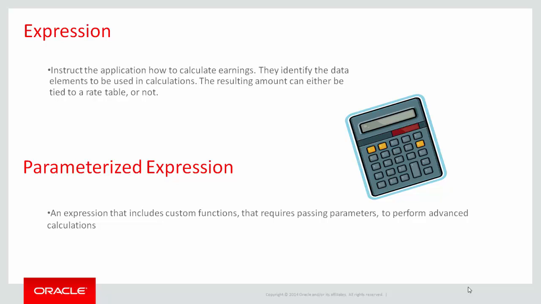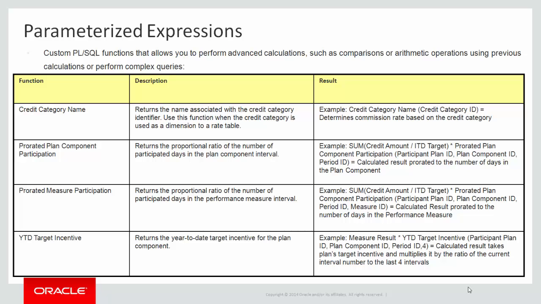An example of some of those parameterized expressions that come standard in the product include the list you see in front of you. Now, if you're curious, these are all well documented within the Incentive Compensation User Guide. But I did want to introduce the concept of parameterized functions and include it in the curriculum in this training. The list of parameterized expressions include functions for determining the credit category name, as well as proration elements that I talked about earlier.